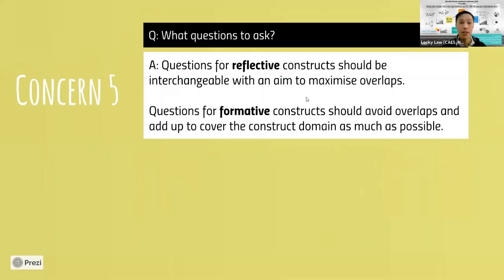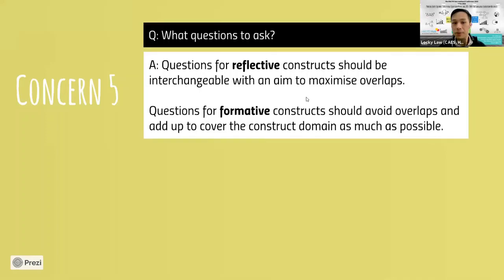Well, here is the answer. When you ask questions of reflective constructs, these questions should be interchangeable, and there should be maximum overlaps in terms of concepts, whereas the formative construct should avoid overlaps. So you don't want overlapping concepts and ideas, and these questions should add up to form the complete domain as much as possible.